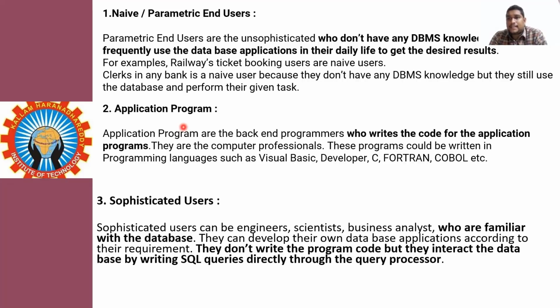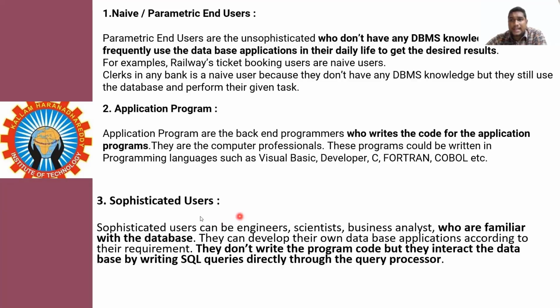They write the code, execute the code, and have complete knowledge about the process of execution. Already we know the various languages, such as C, Fortran, COBOL, Java. Developers all come under the application programmer.